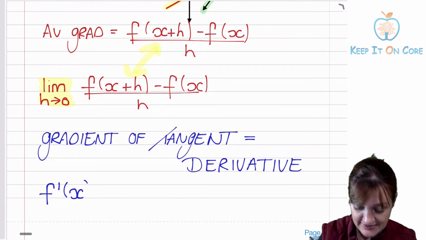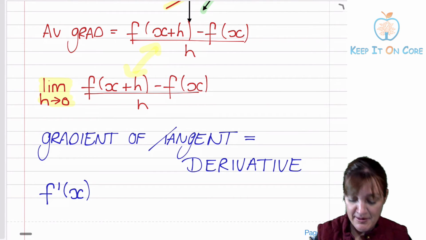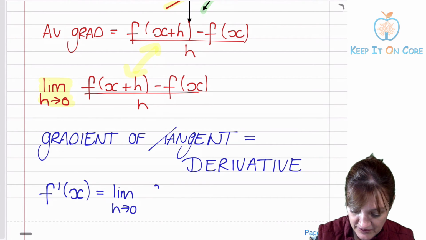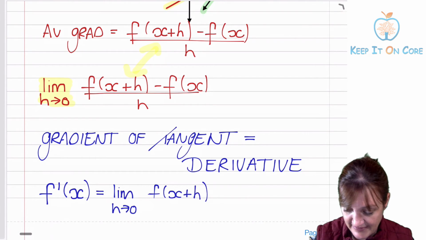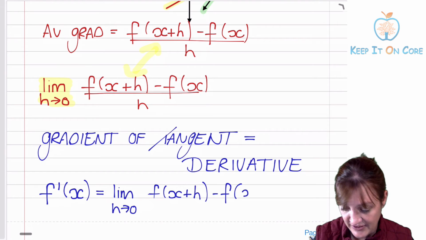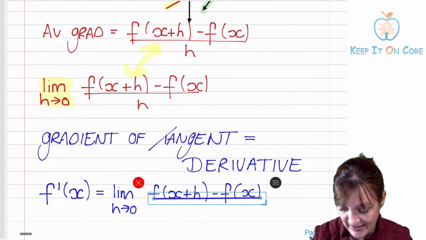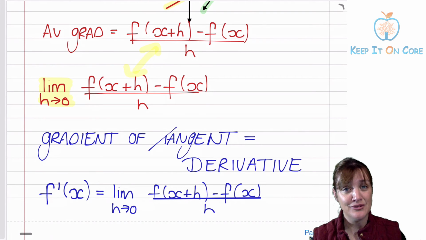We put a little dash or comma between the f and the x, okay? So f prime x equals the limit as h tends towards 0 of f of x plus h minus f of x, all over h, which gives me the gradient. Okay, guys, and that is how we calculate the gradient of a tangent, which is your derivative.